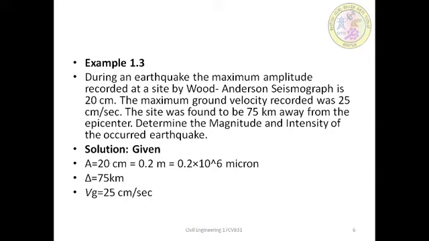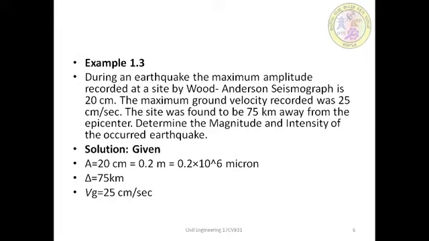So let us see the given data. Here the seismograph amplitude A is 20 centimeter. You convert it into meter, that is 0.2 meter, and also you can convert this to micron, that is 0.2 into 10 raised to 6 micron.